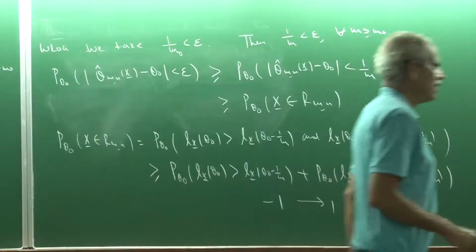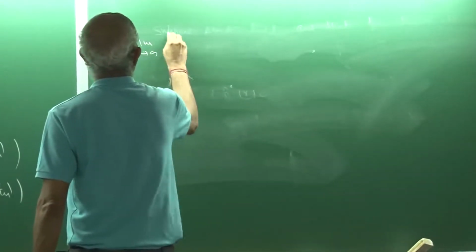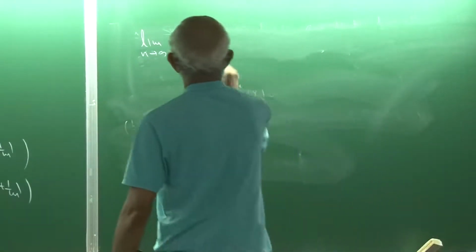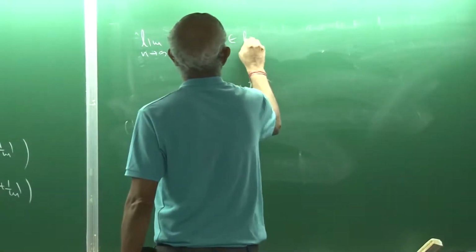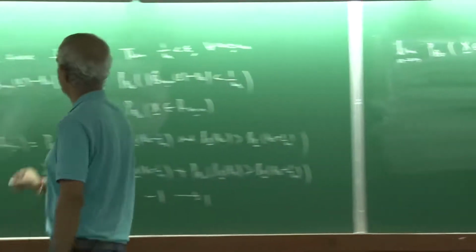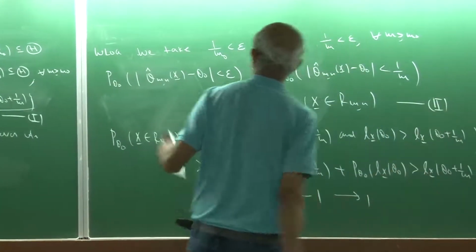So what does that mean? This implies that the limit as n goes to infinity of P theta naught of x belonging to Rmn is 1. Now let me call this 2. I apply in 2.